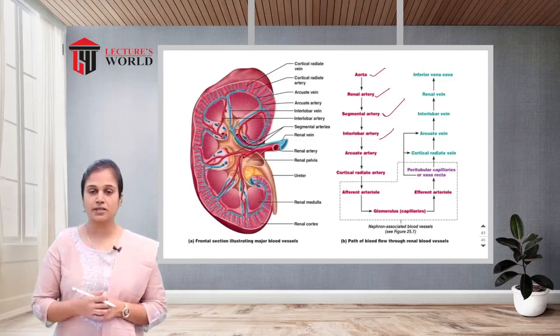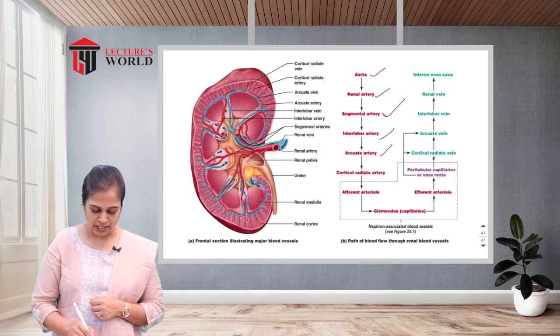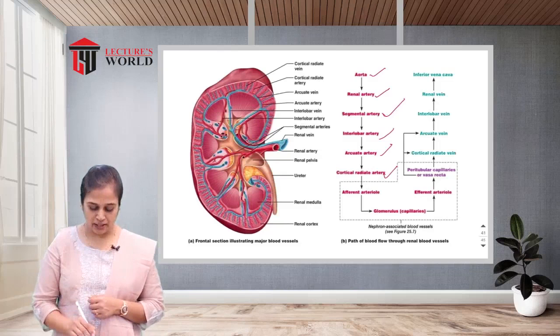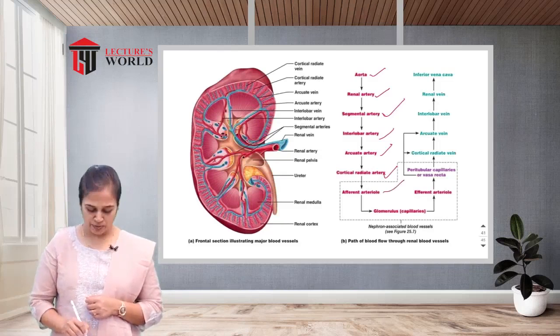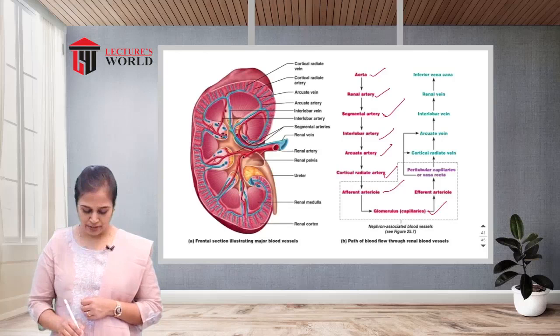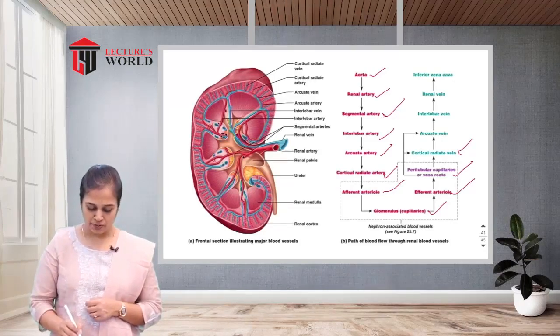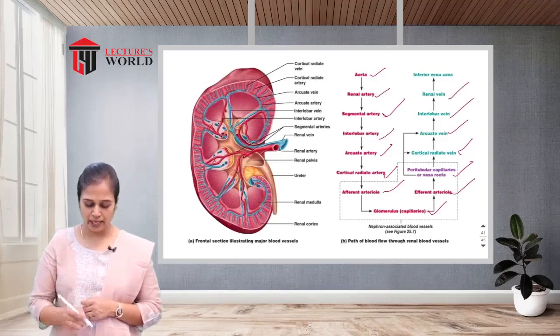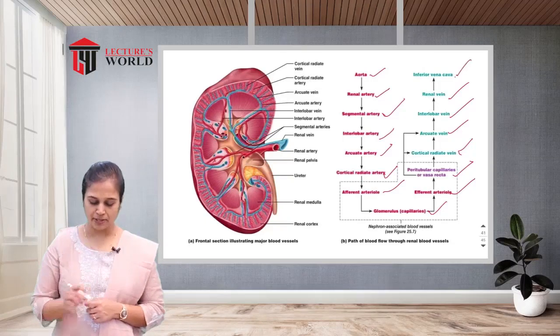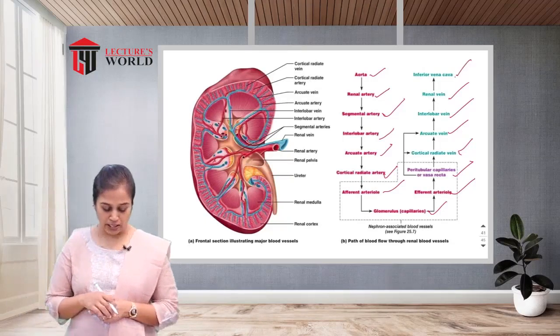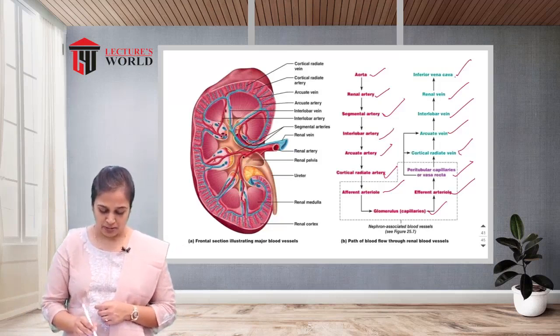Then from the interlobar artery: arcuate artery, cortical radiate artery, afferent arterioles, glomerular capillaries, efferent arterioles, vasa recta. Then it goes to the cortical radiate vein, arcuate vein, interlobar vein, renal vein, and it goes into the inferior vena cava.